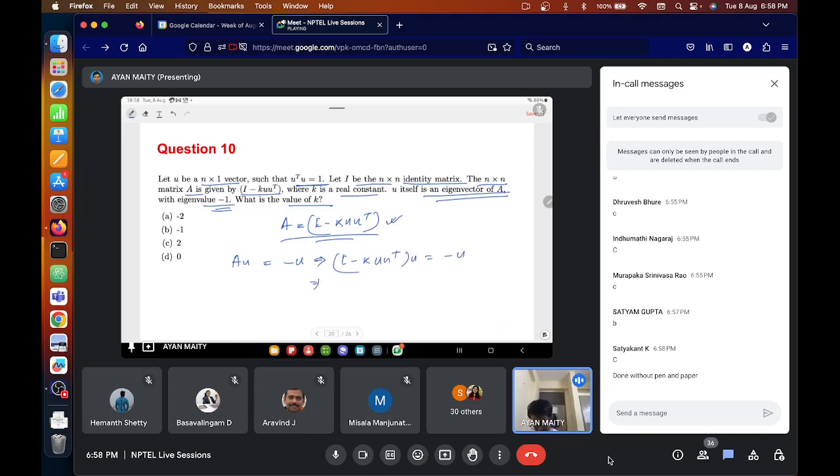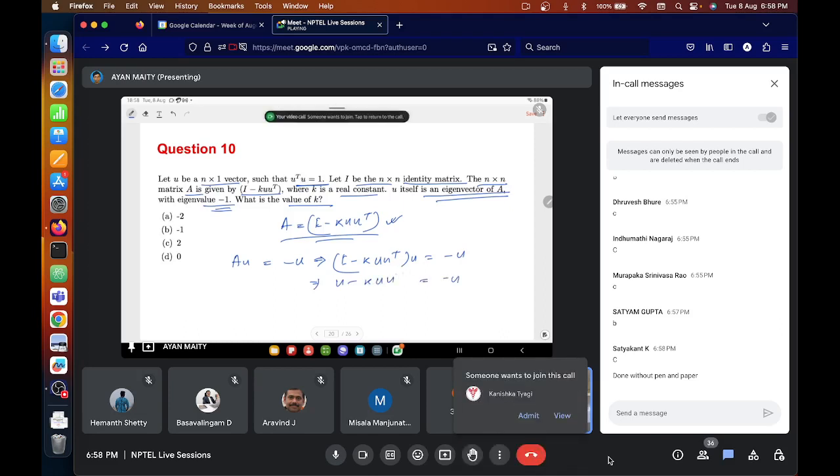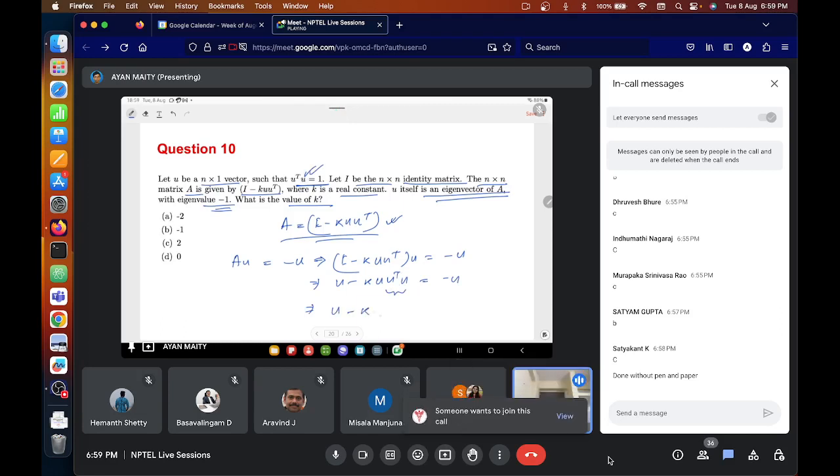If I simplify this, it comes as u minus k u u transpose u equals -u. u transpose u is 1, which is given here. So we can write u minus k u equals -u.